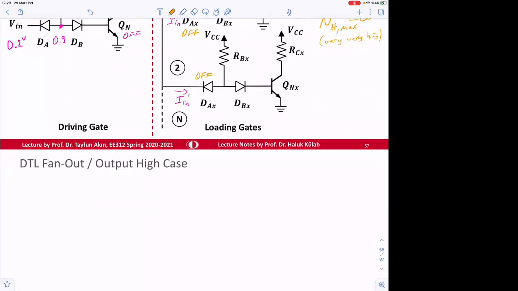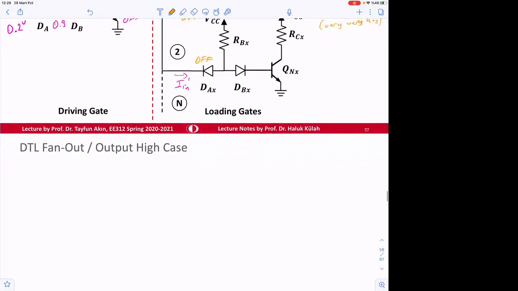So for the output high case, then there is no basically limit, and therefore the fan out is limited and determined by the output low case.